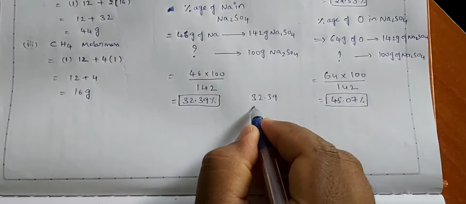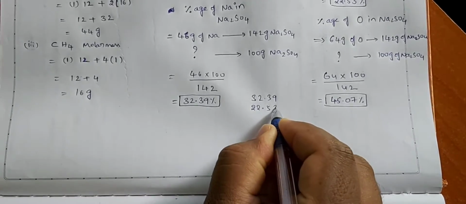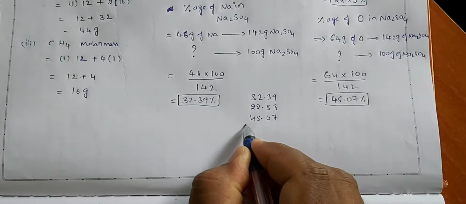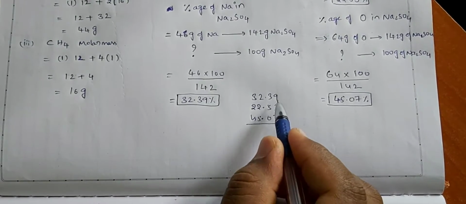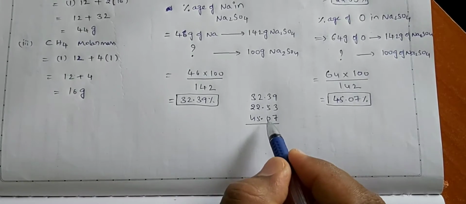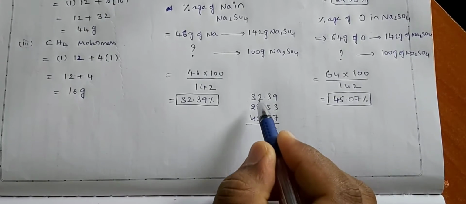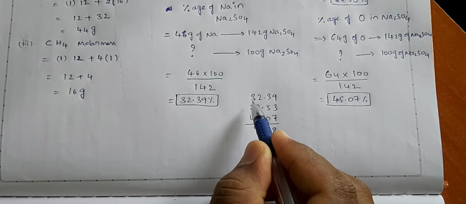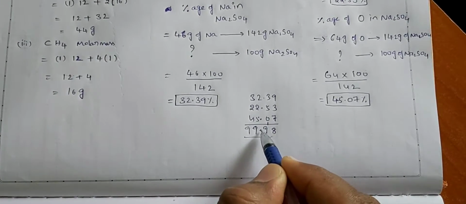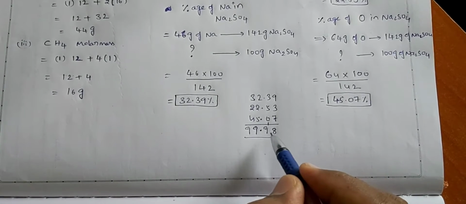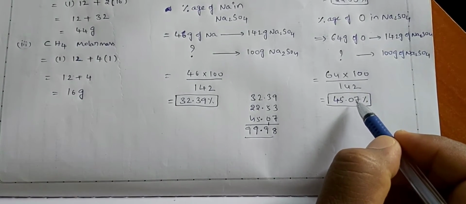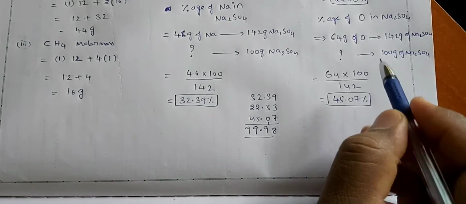32.39 plus 22.53, 45.07, see, 99.98. Actually that is missed because 0.02 is missed because after 45.07 one or two digits are there.